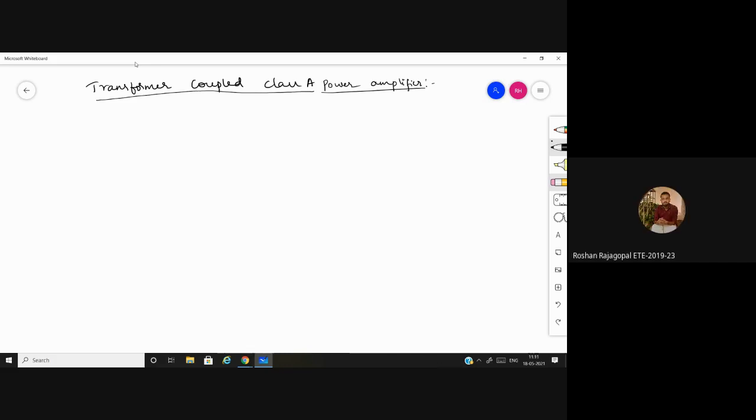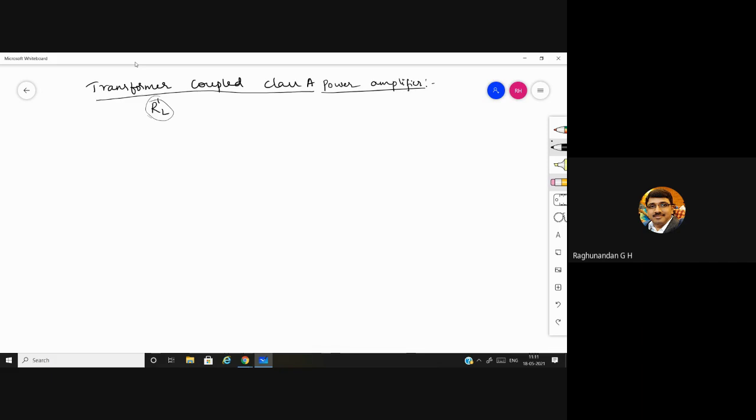Reflected load resistance. Yes, very good. Reflected load resistance, RL dash. Because of the presence of this RL dash, there will be some voltage drop, and also we are going to have some stability in the collector current.